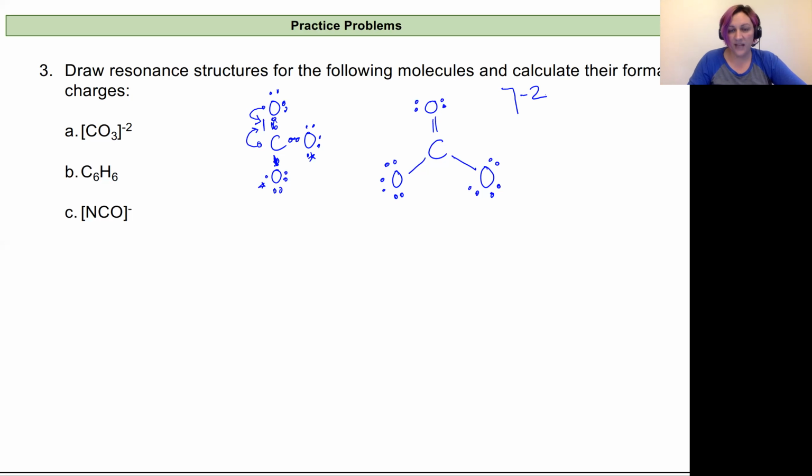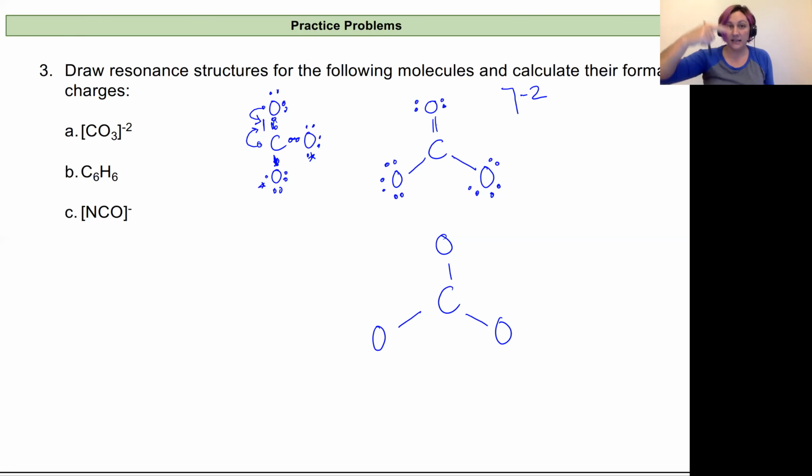Okay, so now I have an initial structure. To build my resonance structures, I'm going to rearrange this so the connectivity is the same. What helps me is to build the same one with just all single bonds. That forces me to keep the atoms arranged in the same way so I don't accidentally rearrange stuff and make a new molecule rather than a resonance structure. Once I have that, I'm going to rearrange where that double bond is.